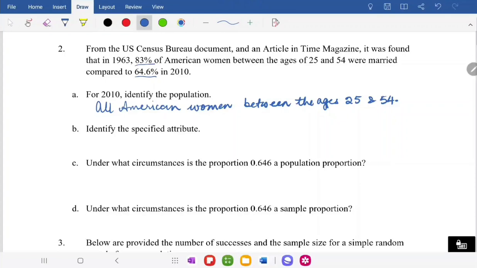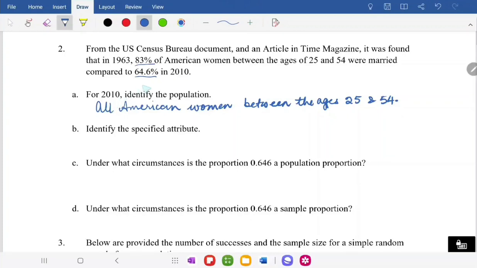All right. So of all American women in this age group, we want to know what proportion or what percentage were married.